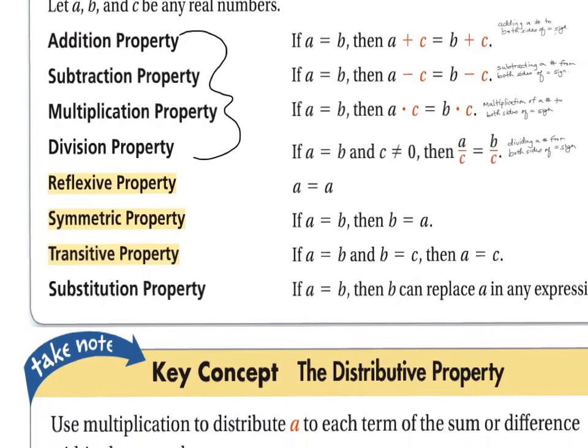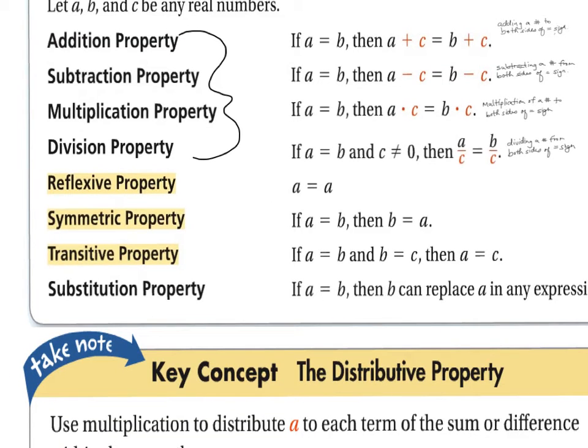The next 3 are the reflexive, symmetric, and transitive properties, and these are a little bit different. I've got some different words that we're going to put with these. Okay, so the word that we're going to tie with reflexive property is mirror. It's a mirror image of yourself. A equals A. You have the exact same thing on both sides of the equal sign. Okay? It's a mirror.